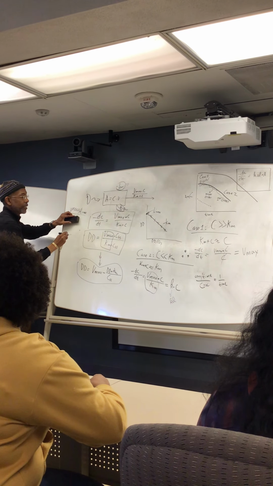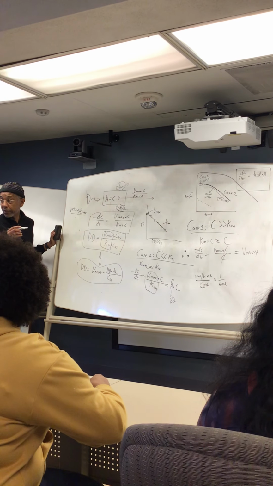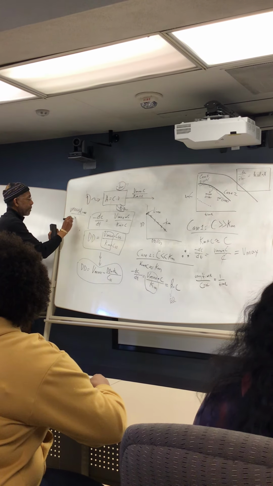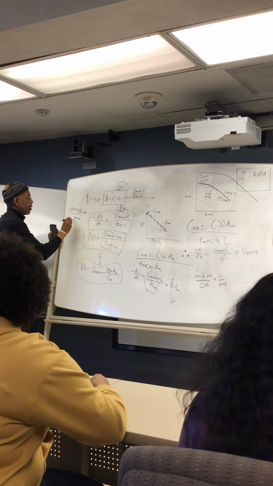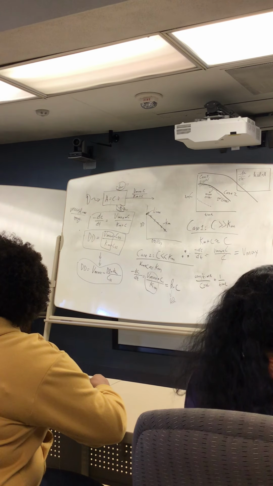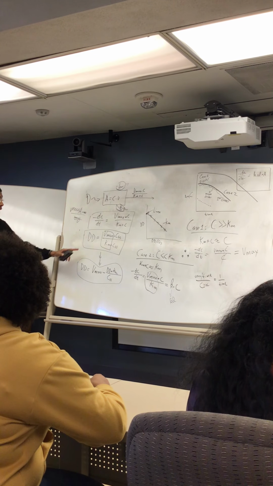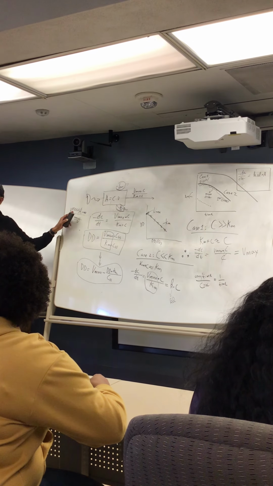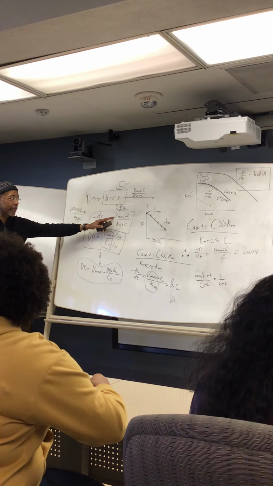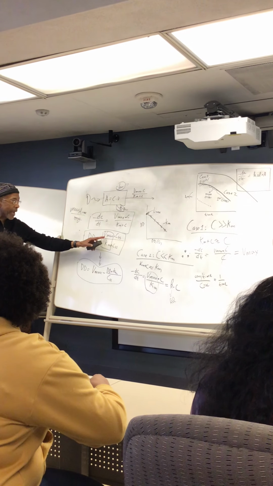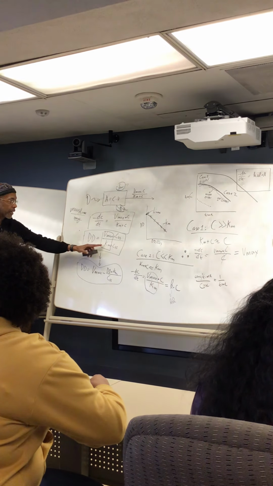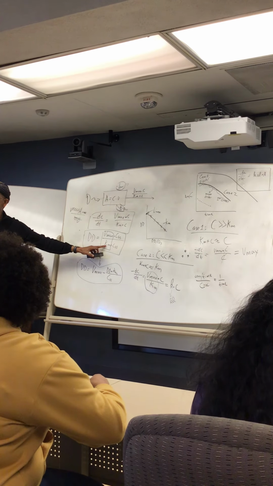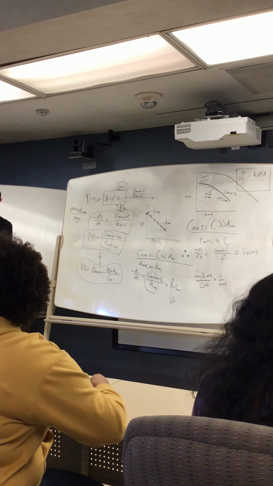I know what I can do for concentration: mass over volume. That's what concentration is, right? What's the final unit going to be? If I take the units for Vmax, which are mass over time, in this equation, because in this equation it's concentration over time, mass over time divided by mass over volume, because Km is a concentration. What's that going to come out to be? Volume over time.